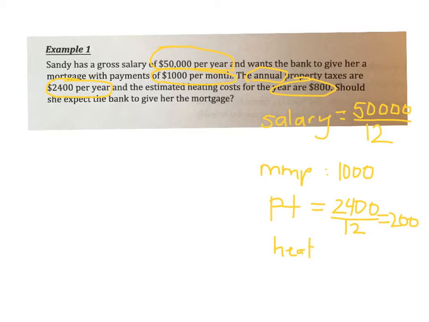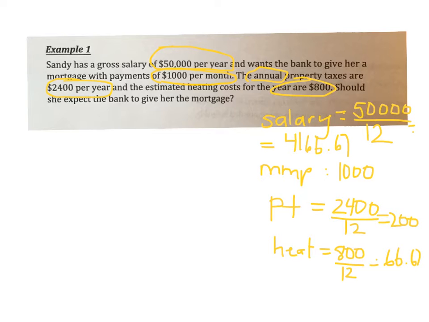I need to also get to the month, so I'm going to divide that by 12 as well. So 50,000 divided by 12 is $4,166.67. And then the heat is 800 divided by 12. That's $66 a month, 67 cents.